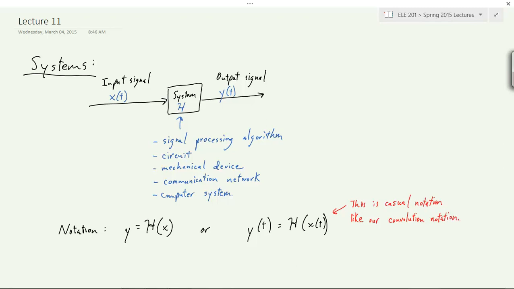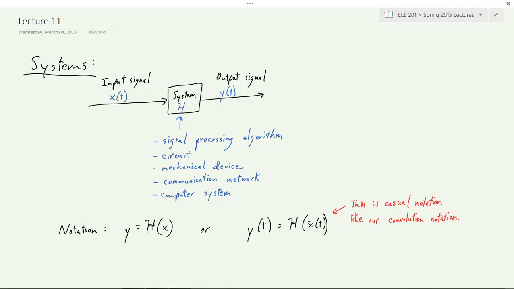Does anyone want to repeat to me what I said about convolution? Why this can be confusing? What is wrong with this? Yes. So what you're saying is that this t should not be there; if you want to be more precise, this t should come after the parentheses.